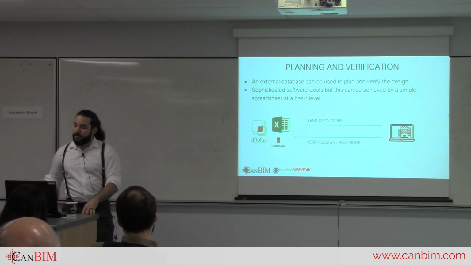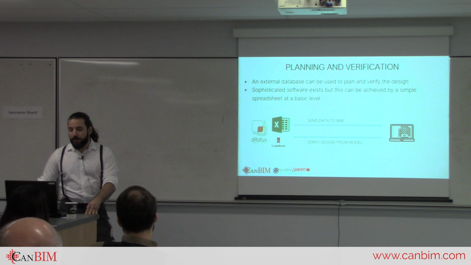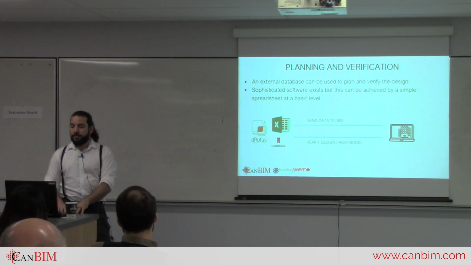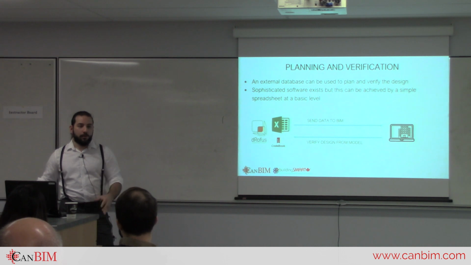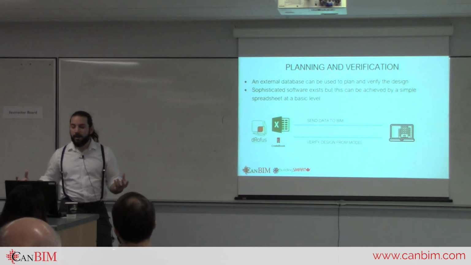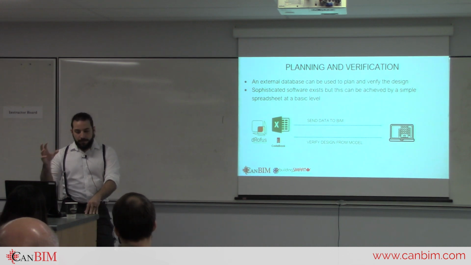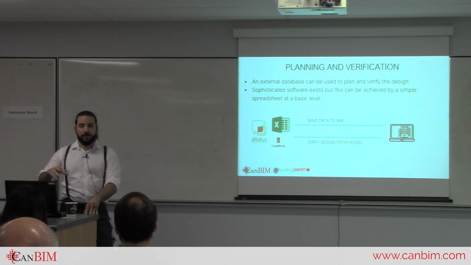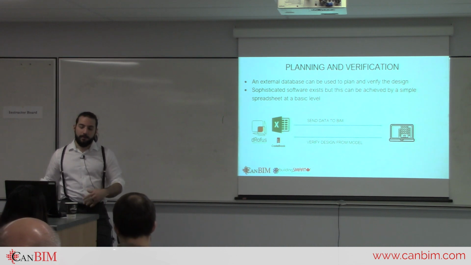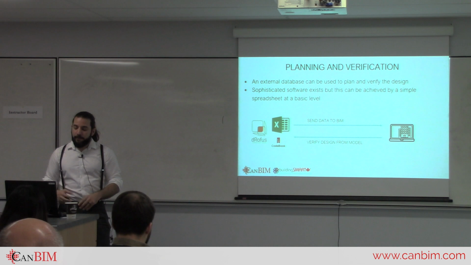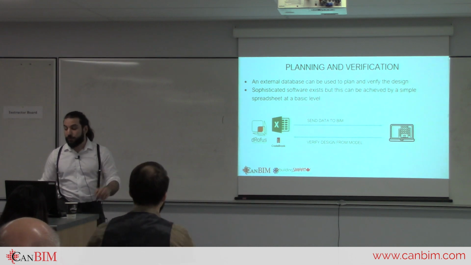When I say fancy things like data entry, I'm just talking about entering your room names, numbers, and the areas that they're required to have. Then you can compare that with the information in your model. It can be as simple as that, or as sophisticated as detecting each and every item that is supposed to be in your model, driven by a full-blown database system like Dalux or Codebook.